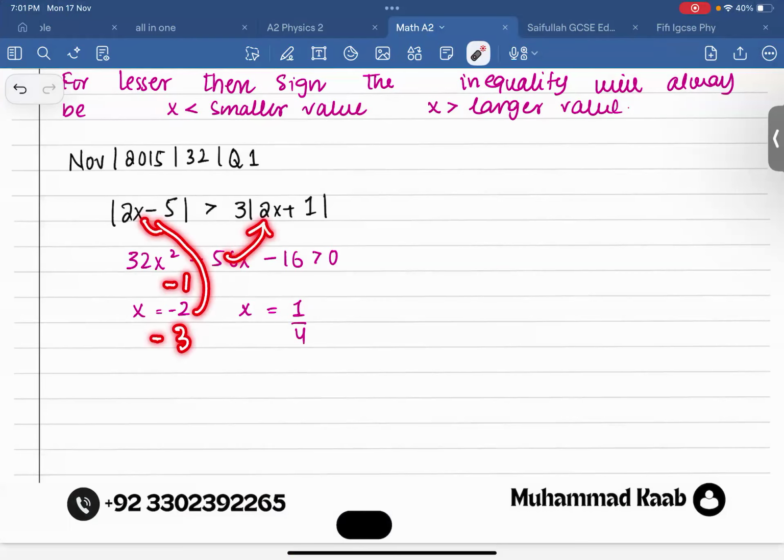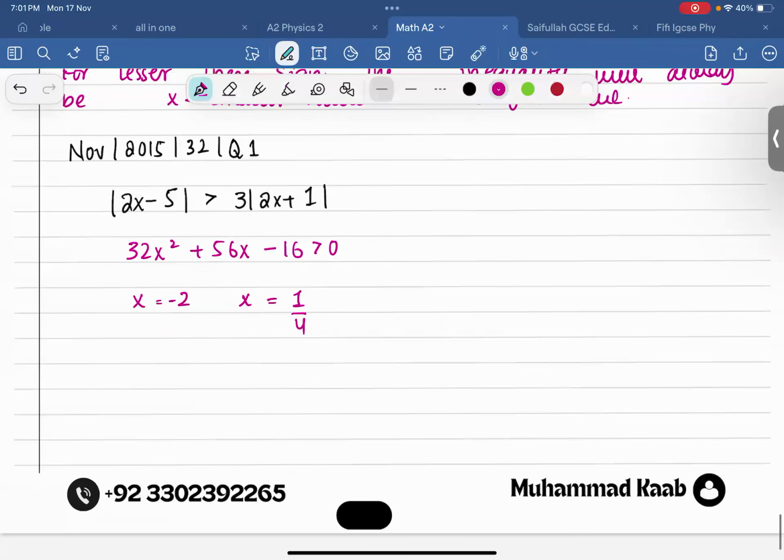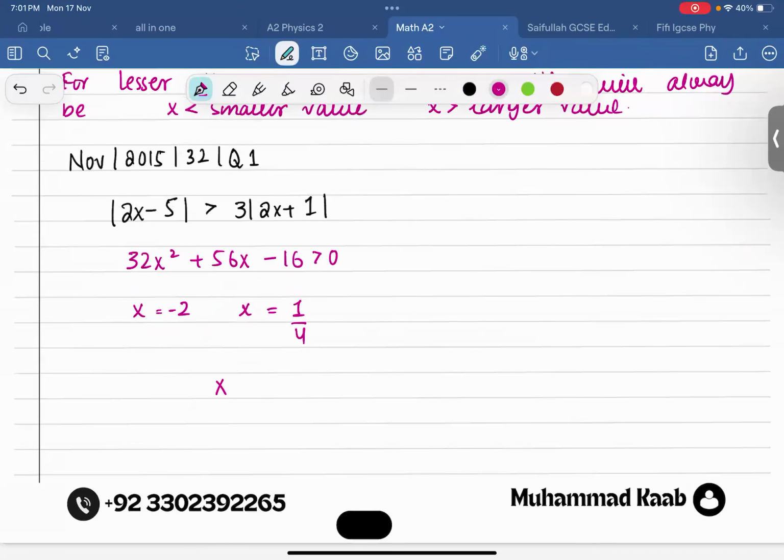A similar thing goes with the other critical value. When you do that you will conclude that x will always be smaller than the greater value and larger than the smaller value, like in between. Clear? Any problem?